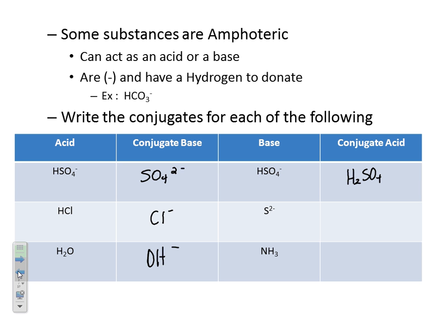The sulfide ion is a pretty strong base. It has two conjugates. The first conjugate would be hydrogen sulfide, and the second conjugate would be hydrosulfuric acid. Ammonia is a weak base, and its conjugate, ammonium, is decently strong.